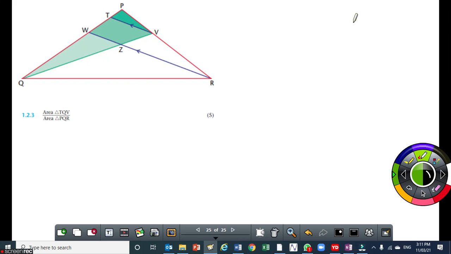This question requires us to use everything that we had on the diagram, right? So, area of TBQ, that's the triangle, okay?